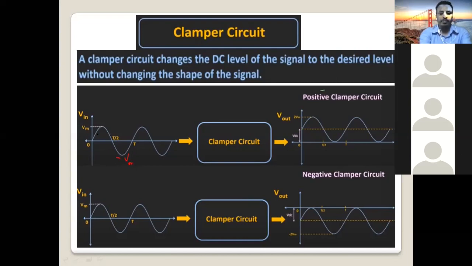So peak value Vm, minus peak value minus Vm.